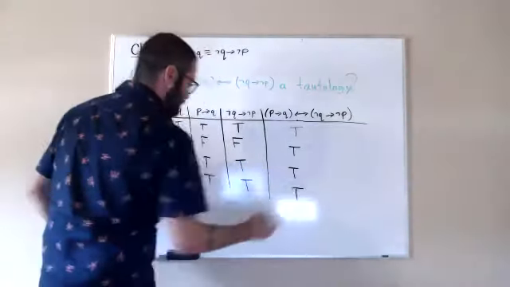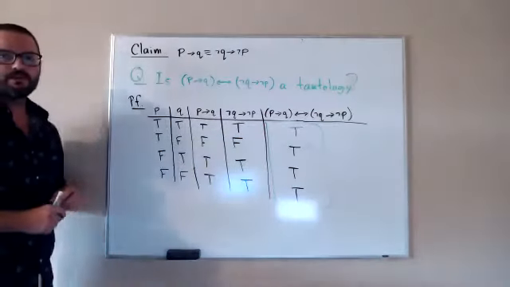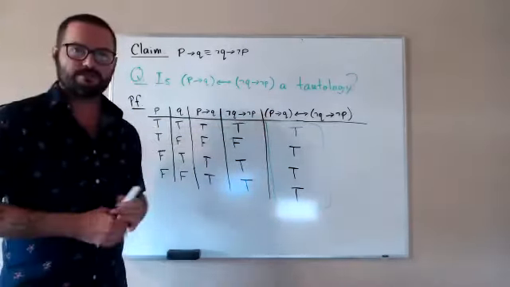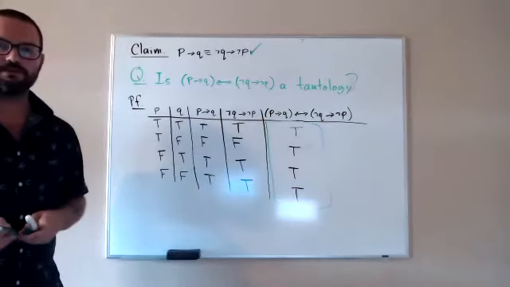So notice now, no matter what the values of P and Q are, when we look at this biconditional statement, we always get true. So this is a tautology. It's always true, no matter what happens, which means yes, we can write that logical equivalence up there.